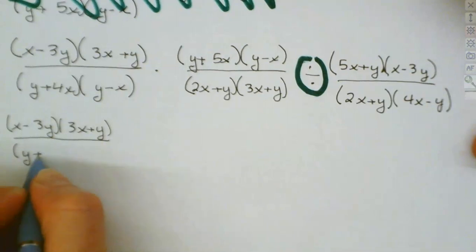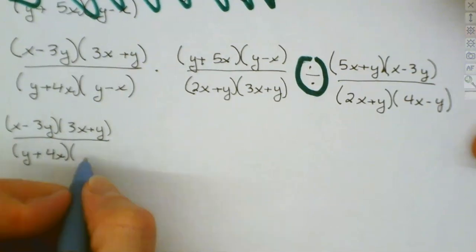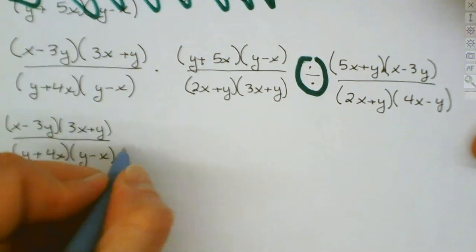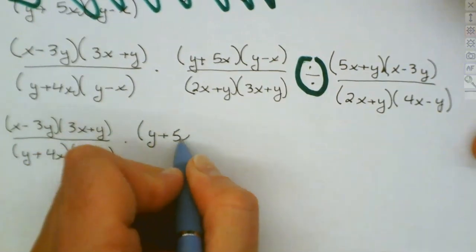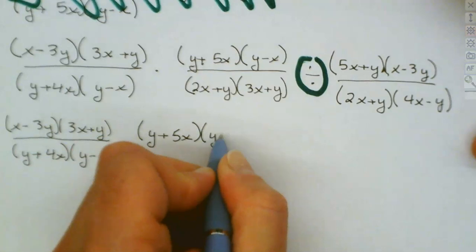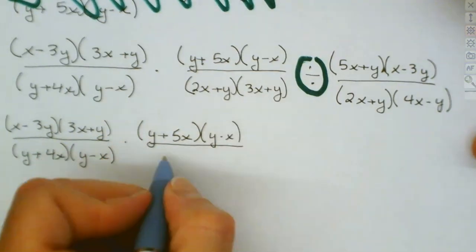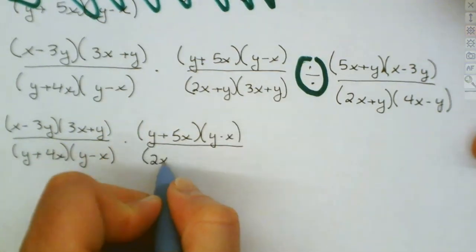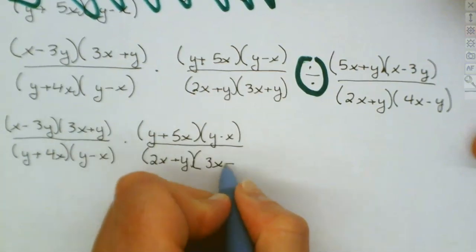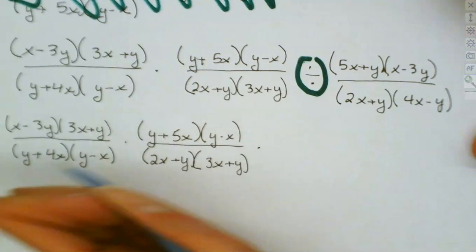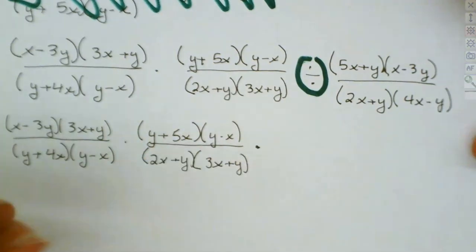All that does is that flips it over. So that's going to be it. And then we'll be able to cross cancel and see what we are left with. Some of the questions in this section take a bit to go through. Most of them are not this involved. I think there's only 2 of them that are this complicated.